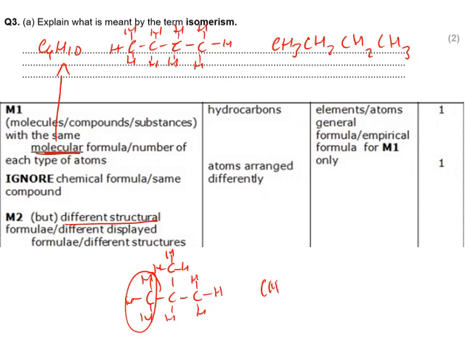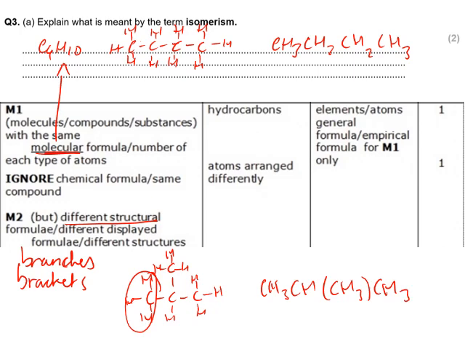We have CH3, CH, then brackets, CH3, we put that in brackets because it's a branch. I always remember it as branches in brackets for structural formula. Then CH3 at the end. We can see there are 10 hydrogens and also 4 carbons, so the molecular formula is the same as well.